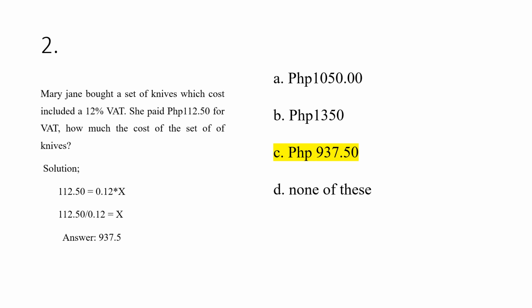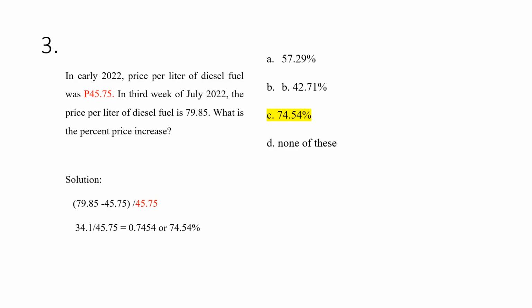When we move 0.12 to the left-hand side of the equation, the final value of the set of knives will be 112.50 divided by 0.12, and that would be 937.5.